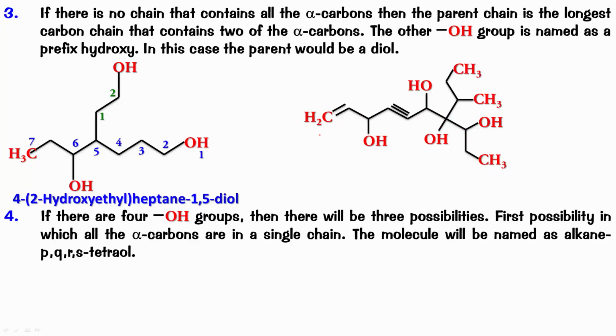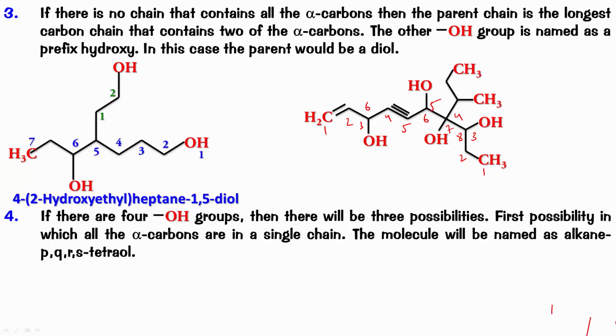And where do we number it from? We can number it from the right side: 1, 2, 3, 4, 5, 6. Number from the left side: 1, 2, 3, 4, 5, 6, 7, 8.